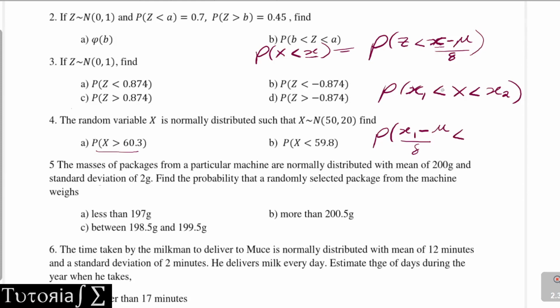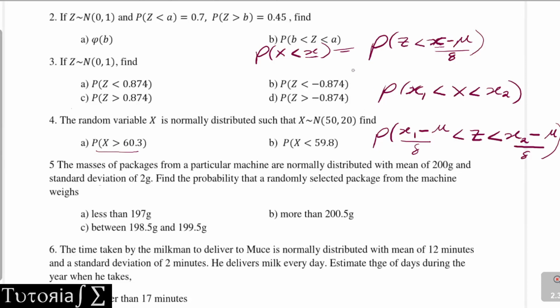We follow the sign that is here. This is less than, so we put a less than here. So this becomes z less than, then here we have x2 minus, again, the mean, all over the standard deviation. That is how you'll be converting.